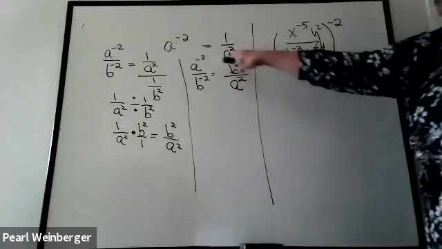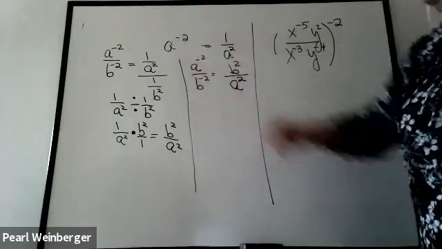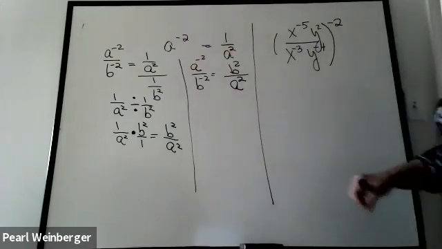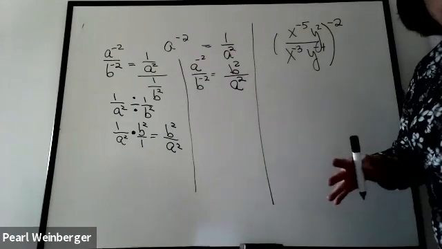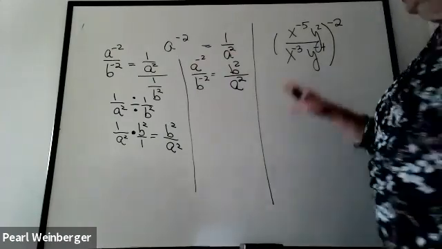Obviously, this is a lot more complicated than a to the negative 2 over b to the negative 2. But we're going to use all the regular rules of exponents to simplify this.